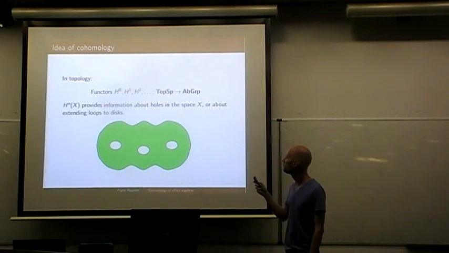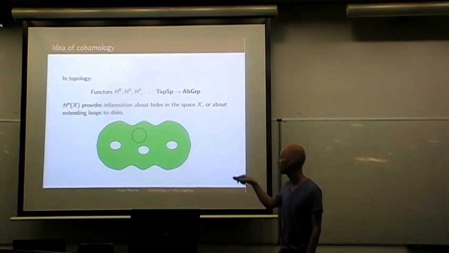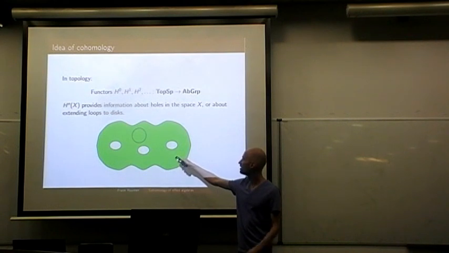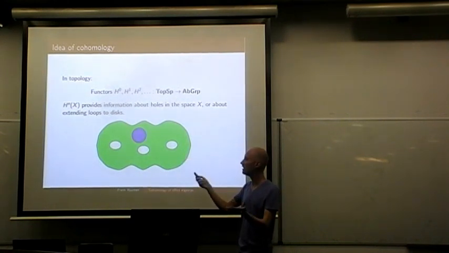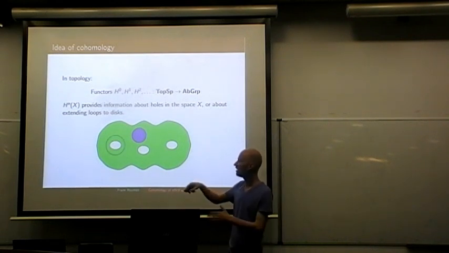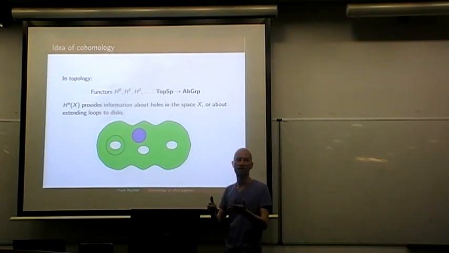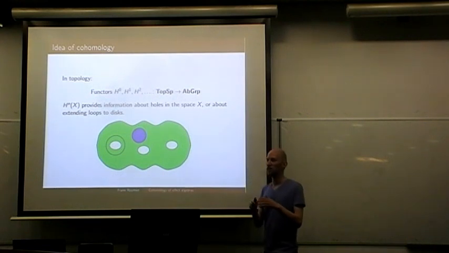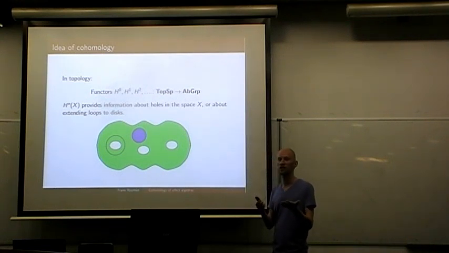If we have a loop in the space, for example a loop like this, then this loop can be filled to a disk. But if we have a loop like this, then it cannot be filled because there's a hole in the way. And this is an intuition that can be used to define cohomology.